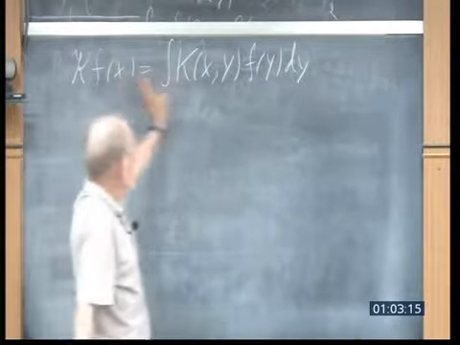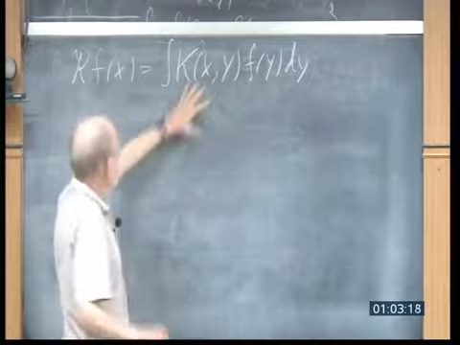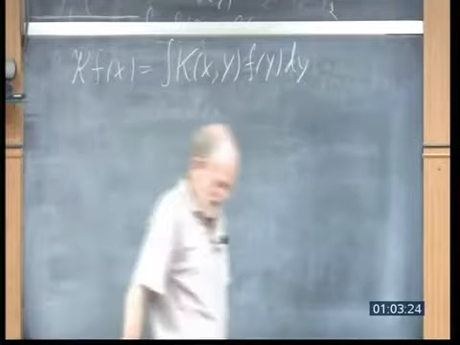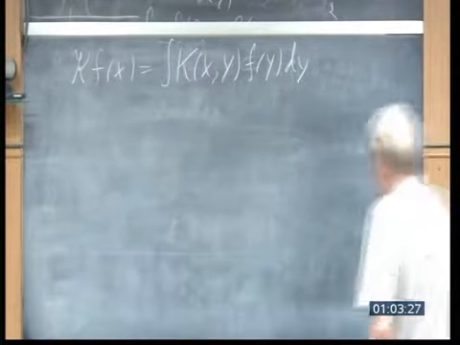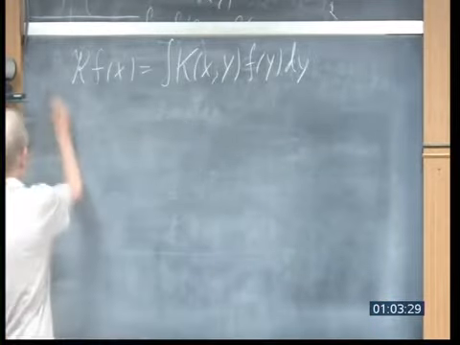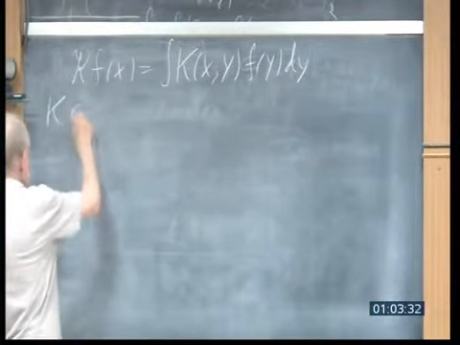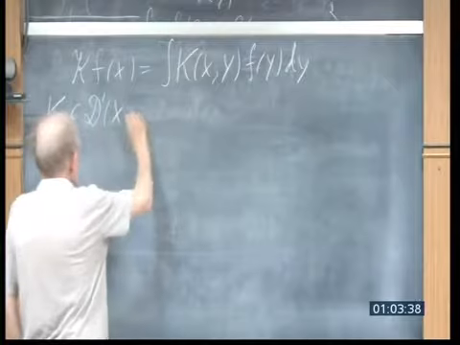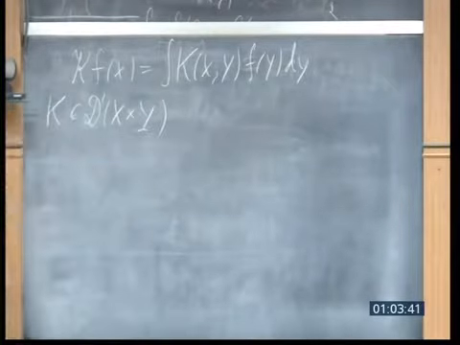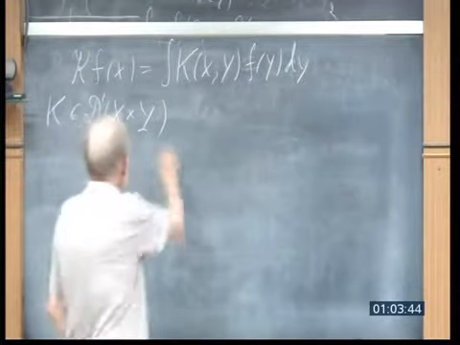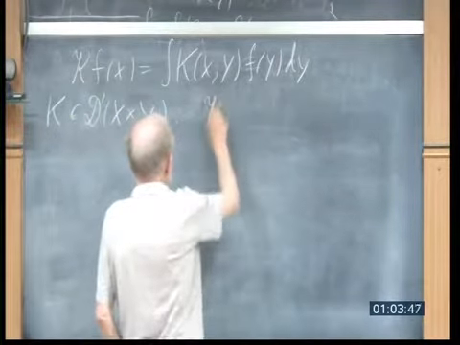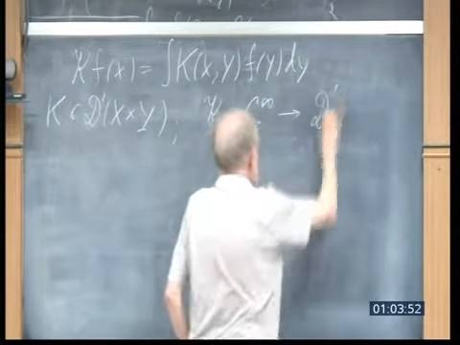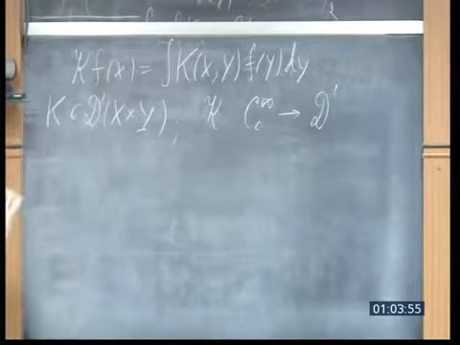That's because this notation is always used, and I cannot begin to write yx instead of xy. So if K is any distribution in D prime of X cross Y, we can think of X and Y as copies of Rn right now. Then this K certainly maps C infinity into D prime, which is not very interesting.